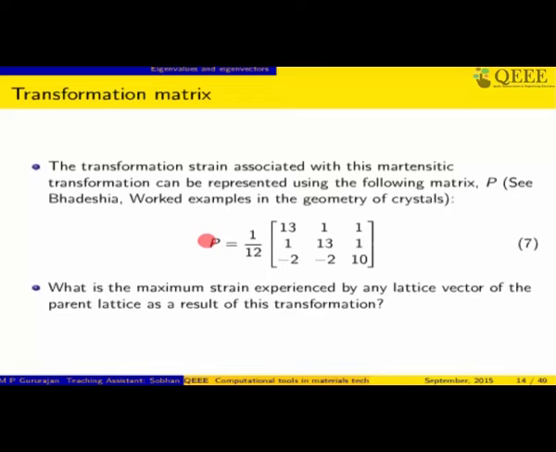That is the reason why we did all this exercise, why I derived the identity. Here is the transformation strain matrix associated with this particular transformation. We are going to answer what is the maximum strain experienced by any vector of the FCC phase when the transformation happens and it goes to the HCP phase.